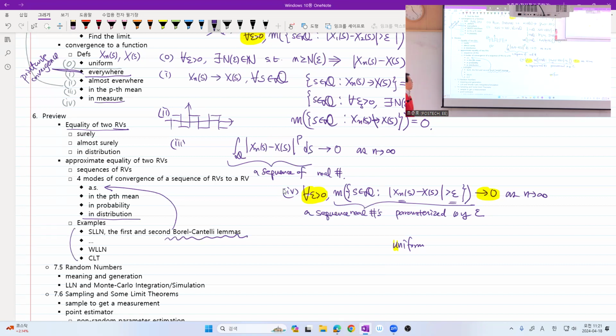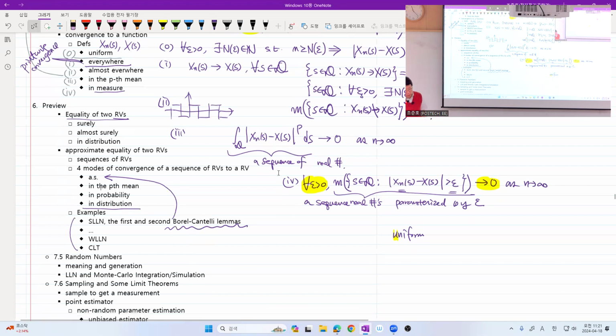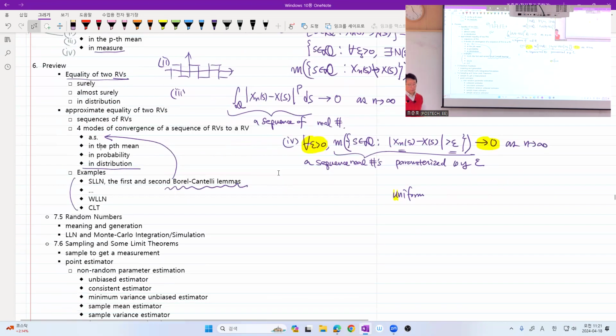Okay. And then we will see section 7.5 entitled random numbers, half of the topics of which are covered already in our undergraduate part. But here we link random number generation and the law of large numbers, and also talk about the so-called Monte Carlo integration and Monte Carlo simulation.